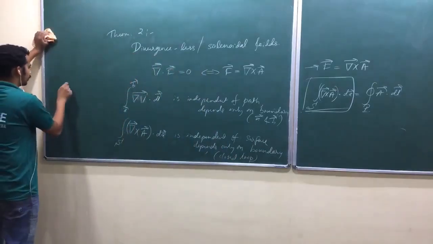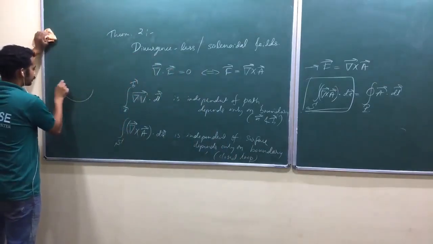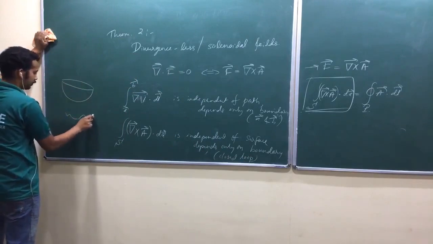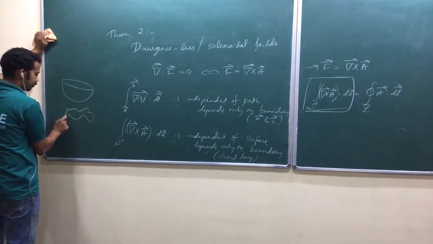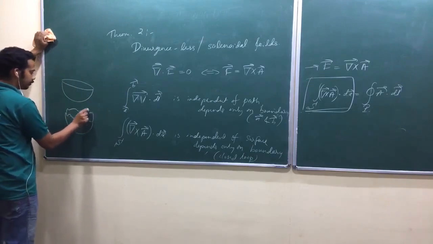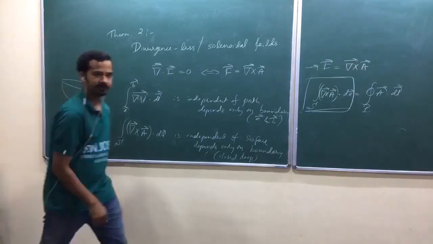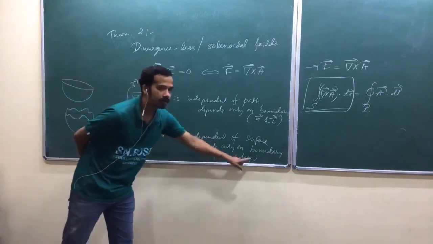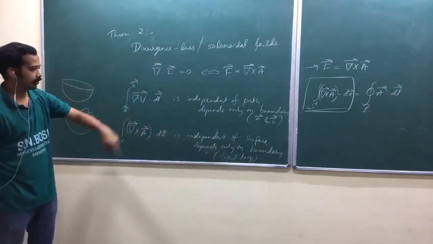I have taken earlier a kind of hemisphere, then a kind of randomly cut pot like that. Am I right? So the boundary line of the surface will always be a closed loop. Any open surface has a boundary line that is a closed loop. It depends only on that boundary line, not on the surface.